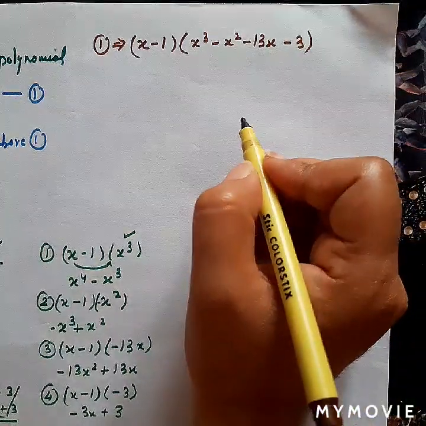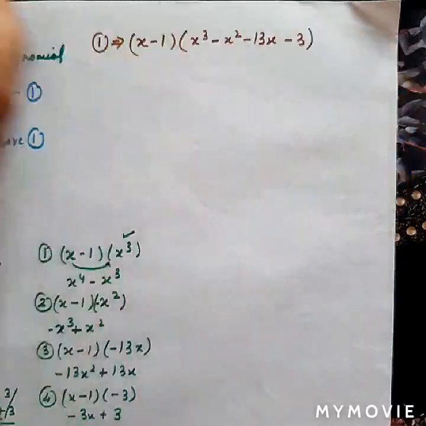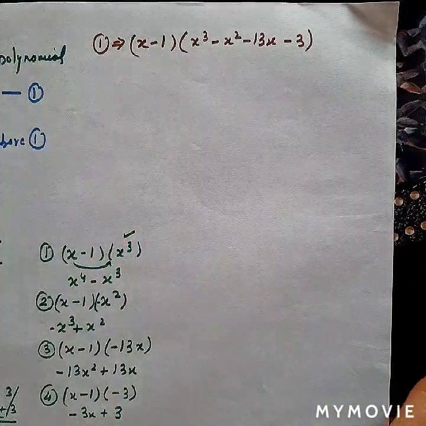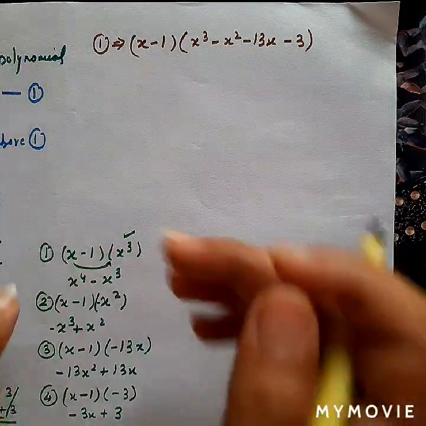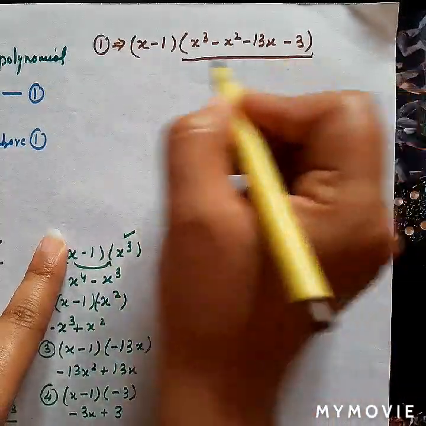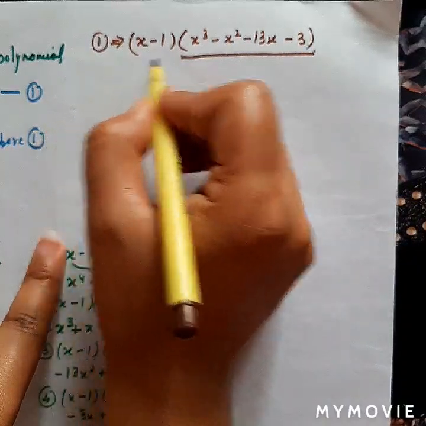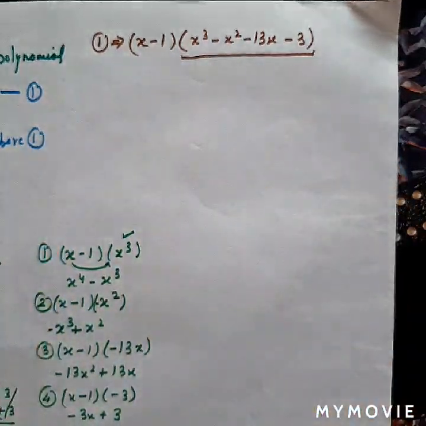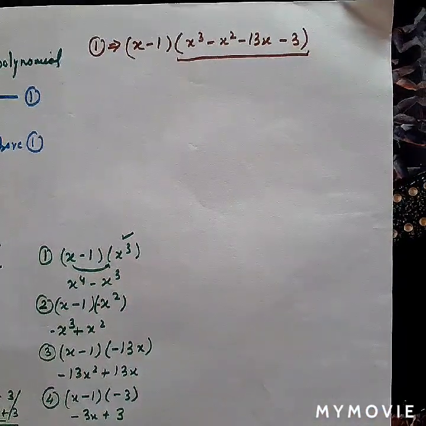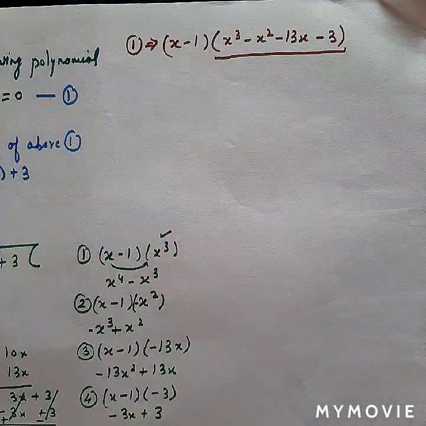So again the situation is we need to find roots of this equation. Fine. So again I will take this term. In this term I have to fill x is equal to 1, then x is equal to minus 1, then x is equal to 2, minus 2.